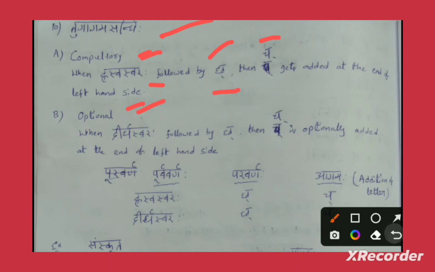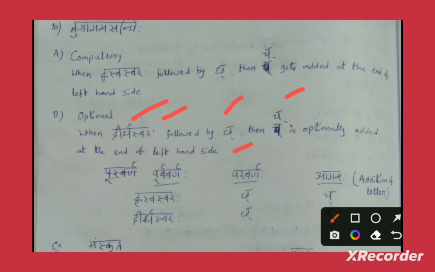And the second case is the optional case. Optional is when a Dirgha Swara, a long vowel, is followed by Chakara, then Chakara will optionally be added at the end of the left hand side. So in both cases Agama will happen, the addition of a new letter will happen.